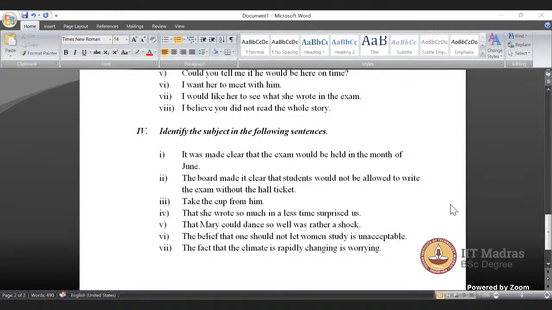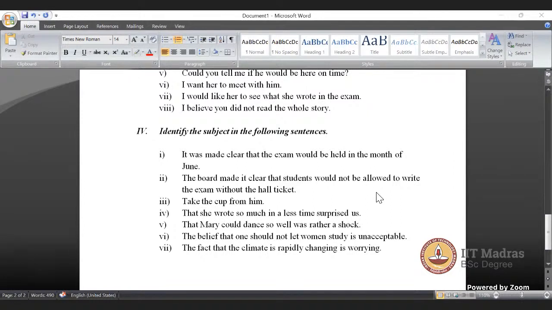What's the subject? That she wrote so much in a less time surprised us. No. So this is a sentence that begins with a that clause, right? So that entire part will have to be taken. You cannot extract one thing out of that. If you have a that clause, then the whole chunk of it will have to be together.